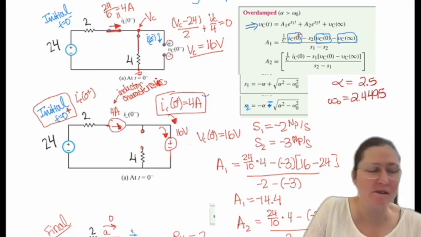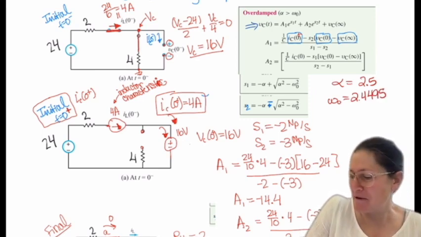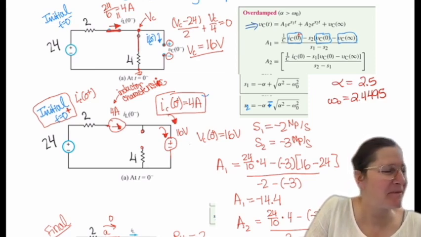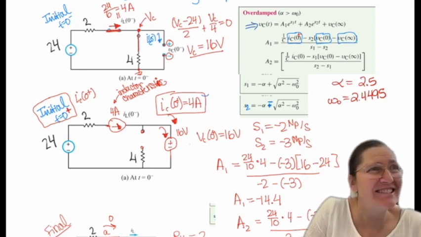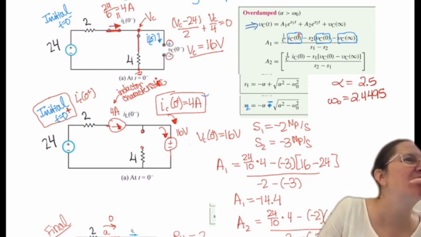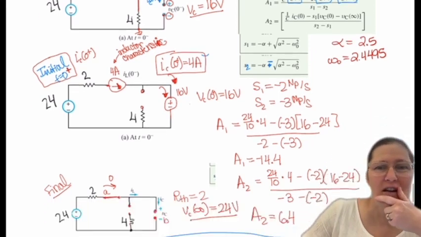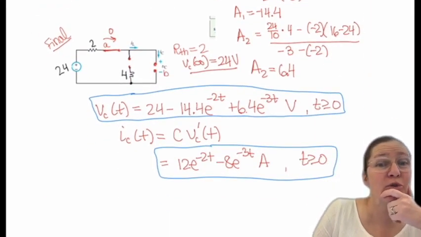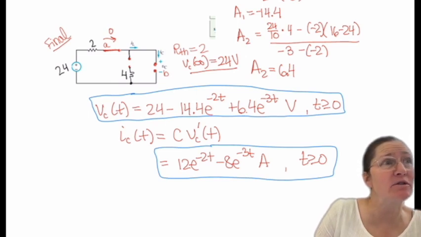What did you get for A1? Negative 14.4. I got 28.8. No, I did round it to 2.5. Yeah, so 28.8 and then multiply it by 10 over 24 gives you 12.